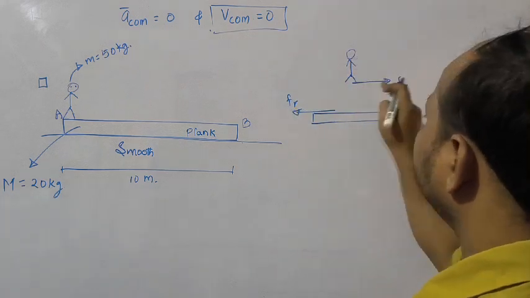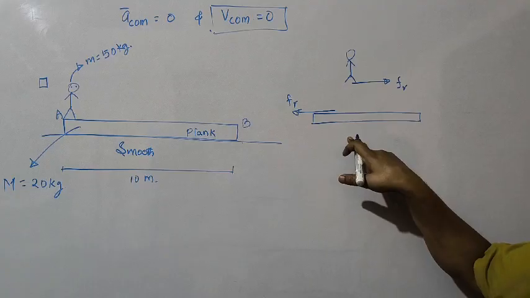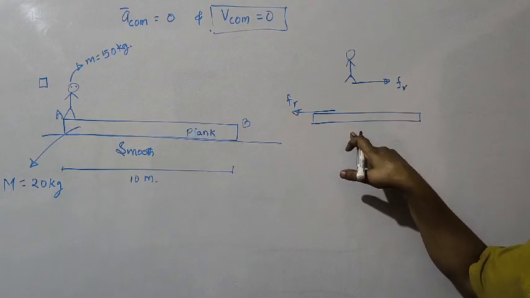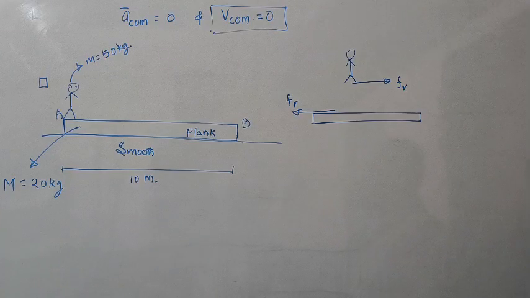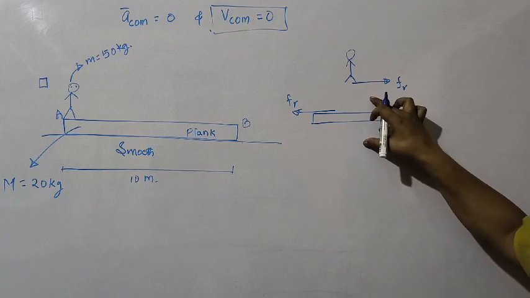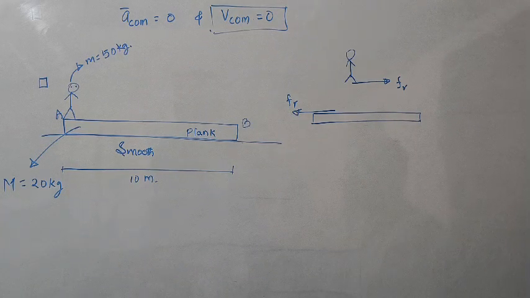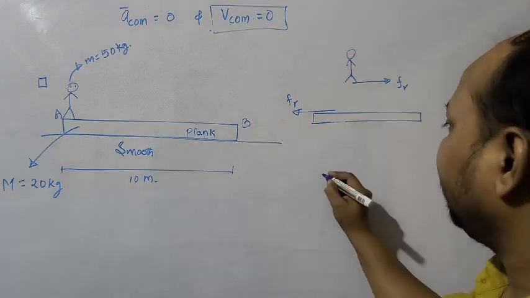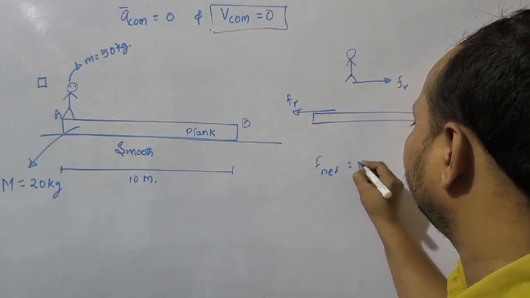Since they are equal and opposite, for the system of combined man and plank, the net force will be 0. So this is our basic concern. For the system of plank and man, F net is equal to 0.